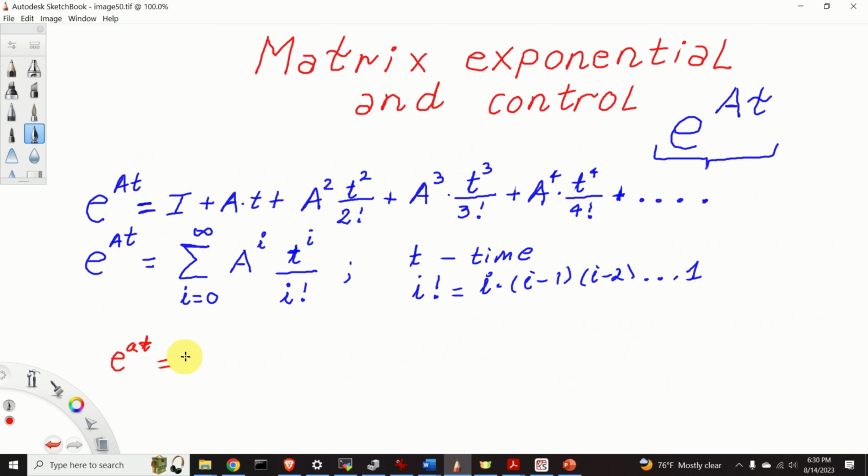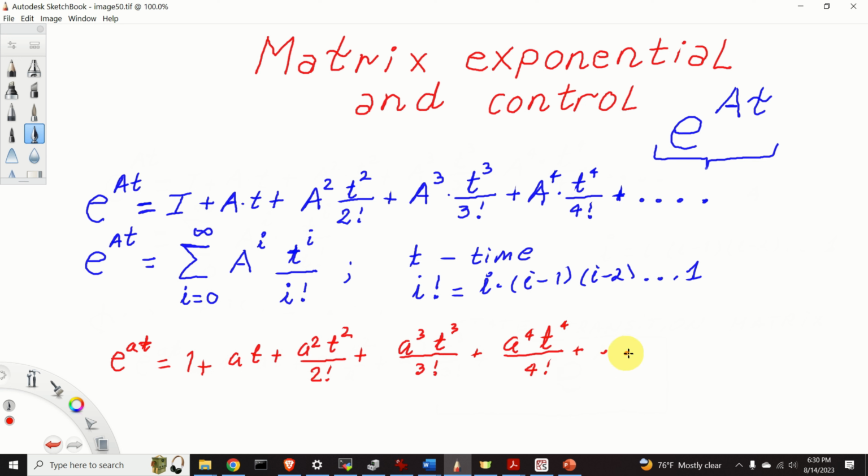The Maclaurin series expansion is 1 plus at plus a to the power 2 t squared divided by 2 factorial plus a to the power 3 t to the power 3 divided by 3 factorial plus a to the power 4 t to the power 4 divided by 4 factorial, and so on.